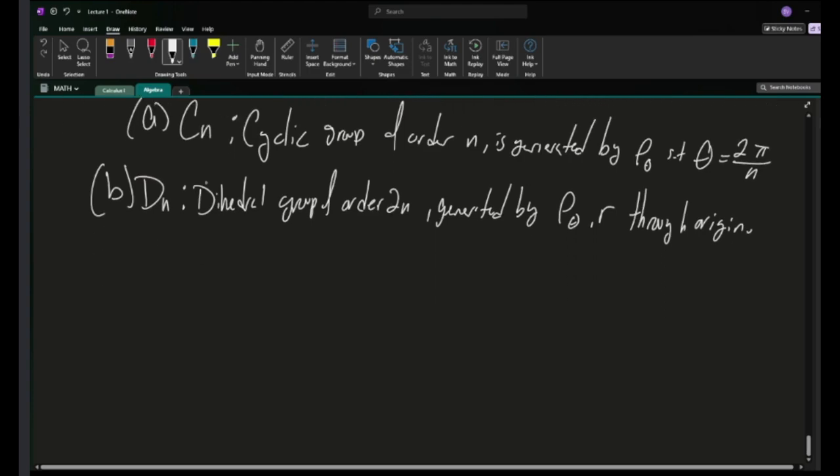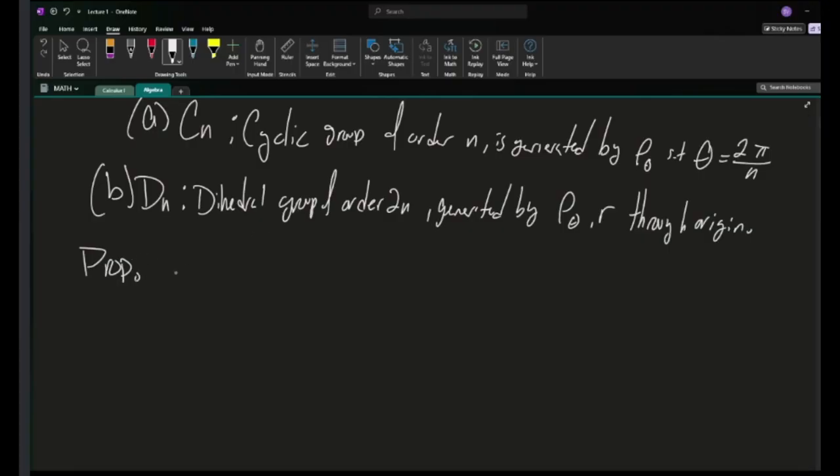This is one of the cases where I felt like the text was really overly descriptive. Because take a look at this proposition.